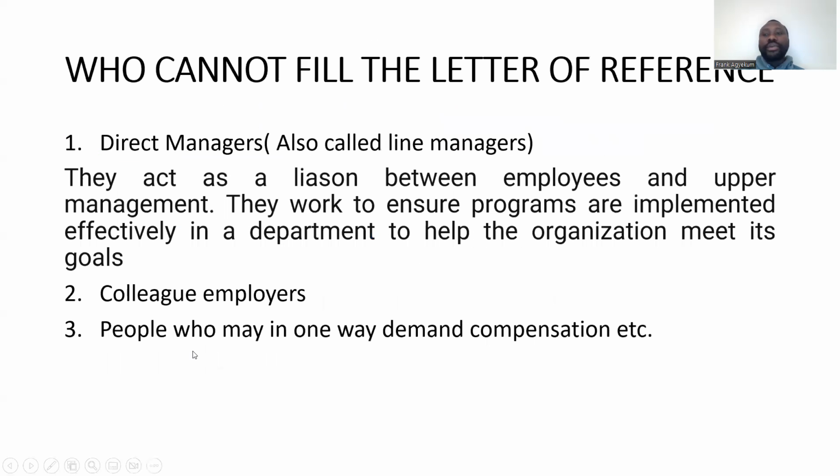Okay, now, who cannot fill the letter of reference? Very important. Number 1, direct managers. They are also called line managers. These direct managers connect employees to upper management.